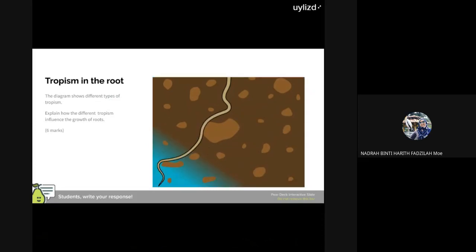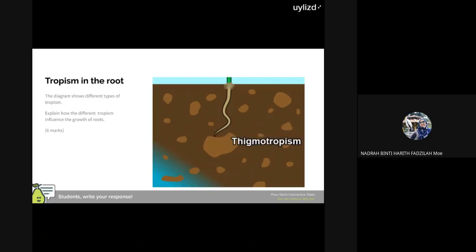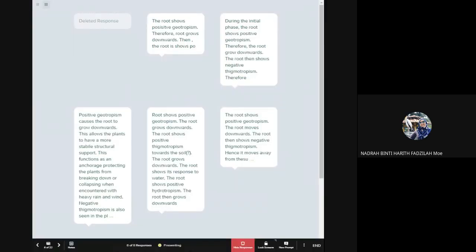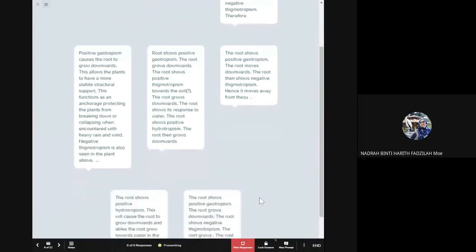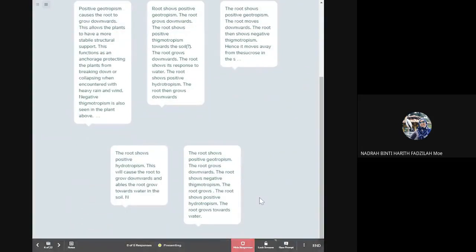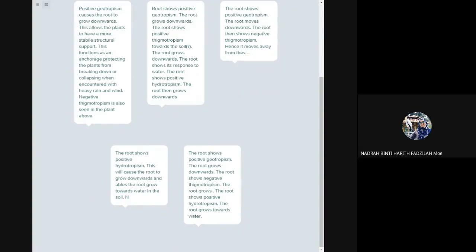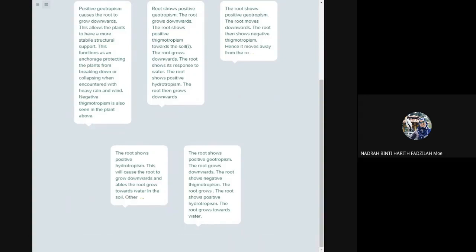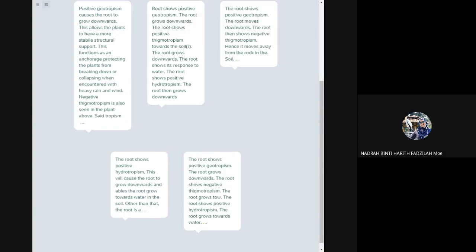Dia represents batu, rock. Batu in the soil. So sebab batu tu keras, jadi bila root grow downwards sampai ke batu, dia tak boleh nak tembus batu. So thigmotropism.